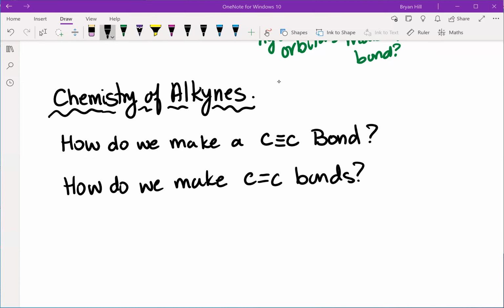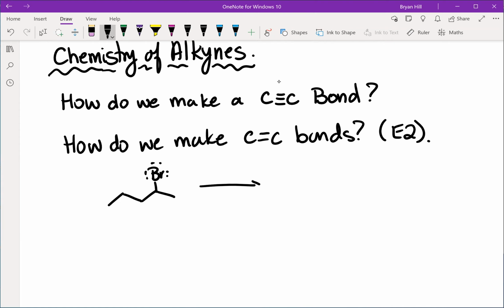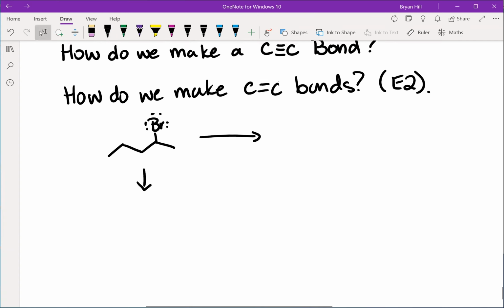Right, we did elimination reactions, and so E2 would be a very good one because that's the most efficient way to do it. So if we had, say, this, we could make, well, technically we could probably make three different types of carbon-carbon double bonds.